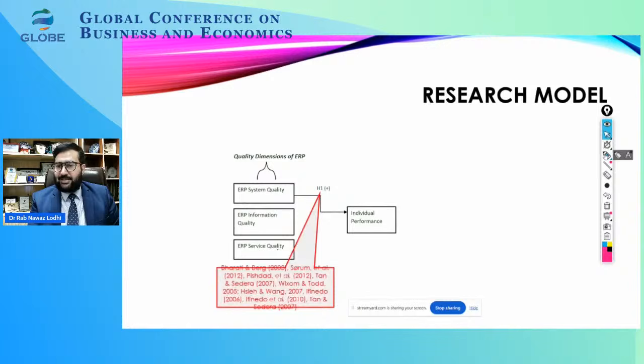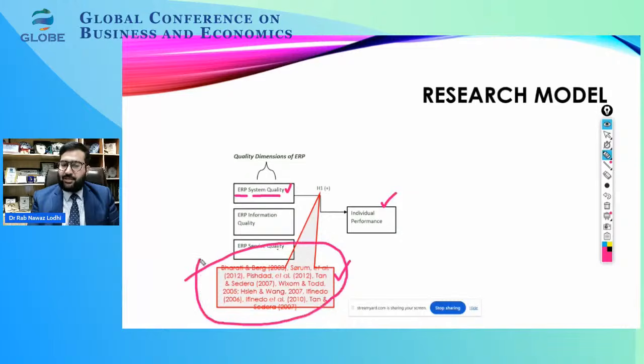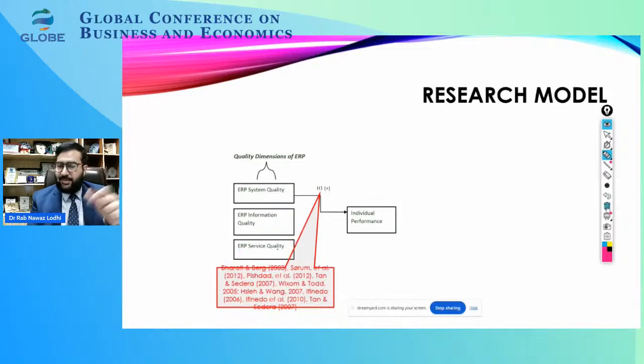So these are some past studies, maybe some well-established theories, maybe some recent studies which already tested, maybe not in the ERP context, but other information systems quality with the individual performance or the employee performance or maybe the customer performance. So we can take the references from all those studies, right, to build this hypothesis.